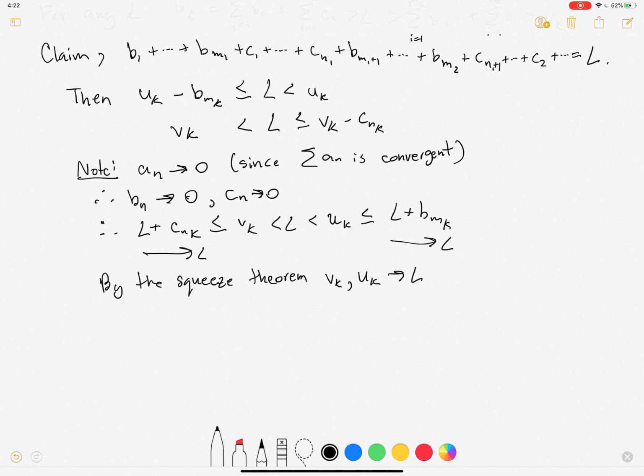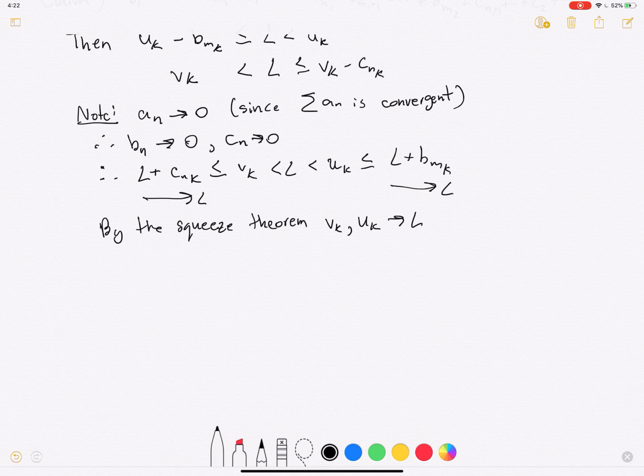And that is almost it. Now let S_k be the kth partial sum of this rearrangement.